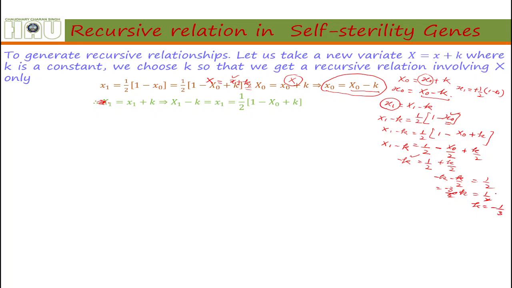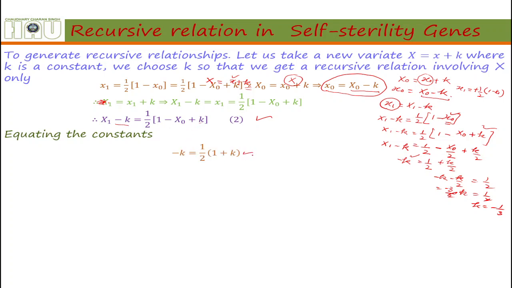So in subsequent steps you will see this also. So X1 minus k, here you will see the same relation you will get here. Now compare or equate the constants on both sides. It means this minus k is compared with half plus half k. So this can be compared like this. And on simplification, you will get k is equal to minus 1 by 3, as I have already explained.